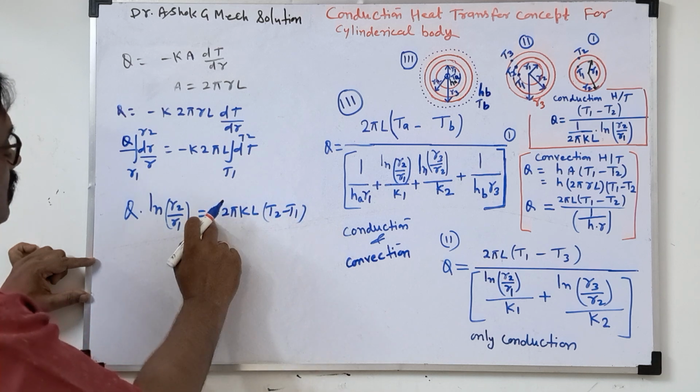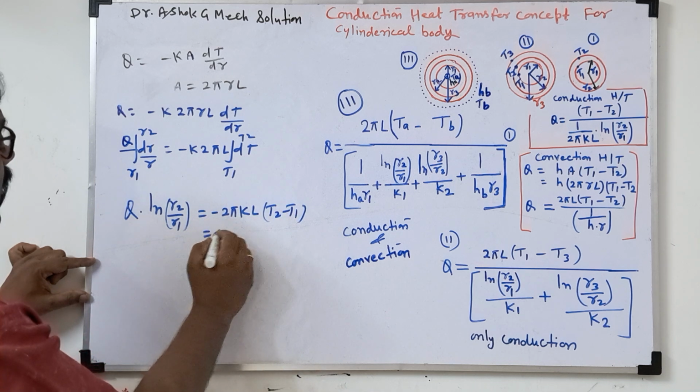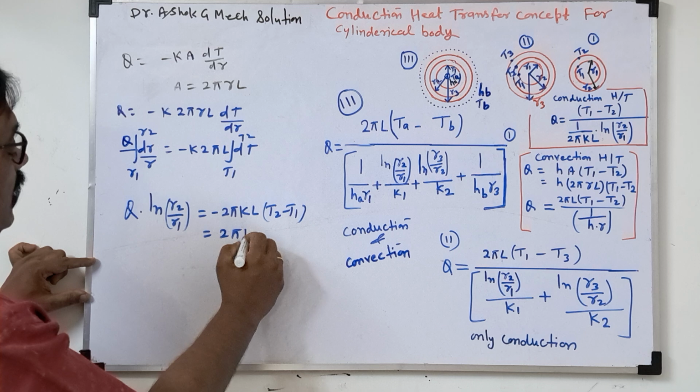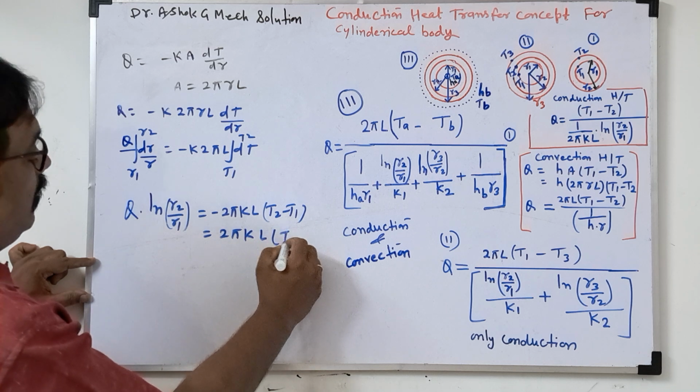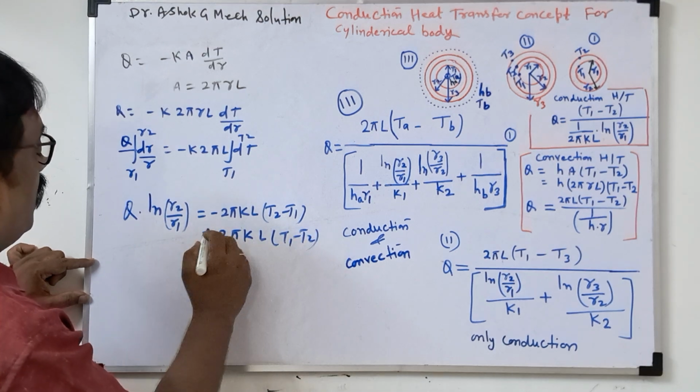If we interchange this, minus becomes plus, so 2 pi KL into T1 minus T2.